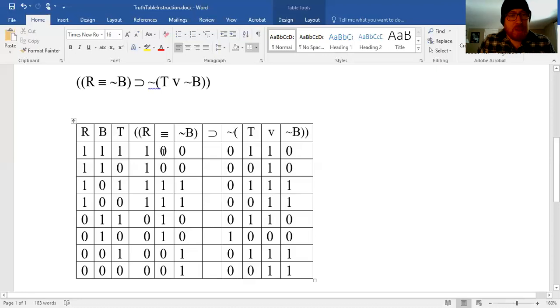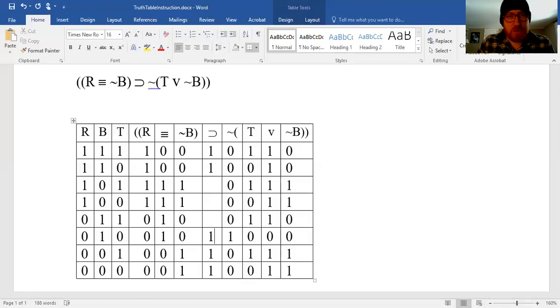Now, on lines 1 and 2 and on lines 7 and 8, the antecedent is false. So a false antecedent is enough to give you a true conditional. On line 6, the consequent is true. So once again, that is enough to give you a true conditional.